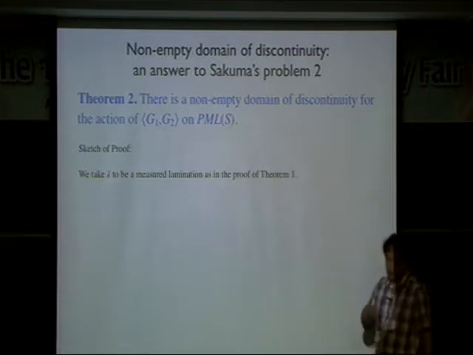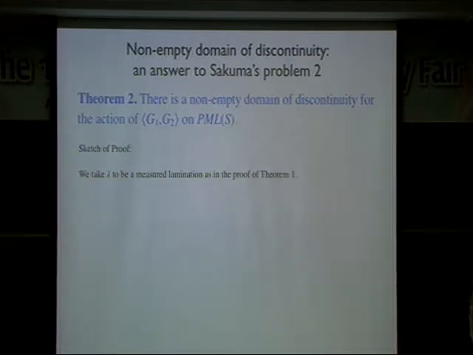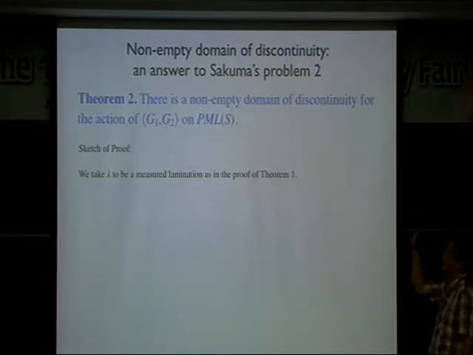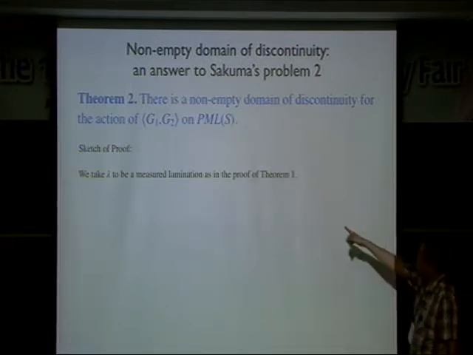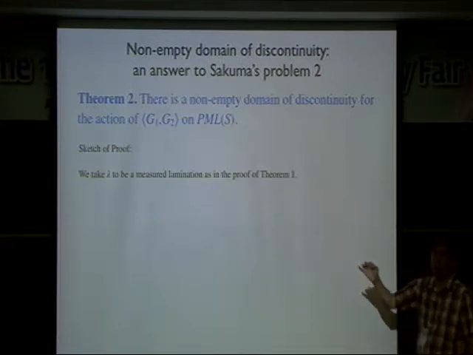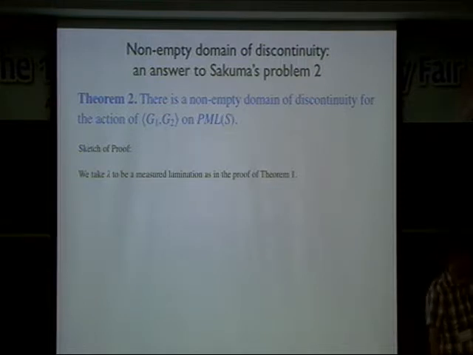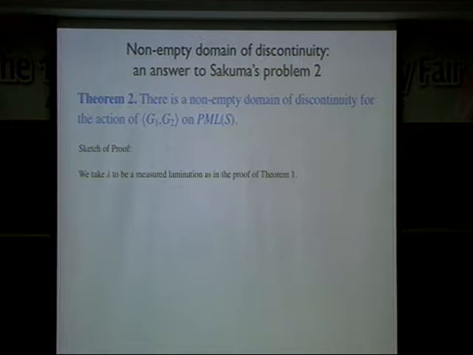So actually this uses the result of theorem 1. We have already shown that there is an open set, or a lamination, where the curves are not homotopically narrow.